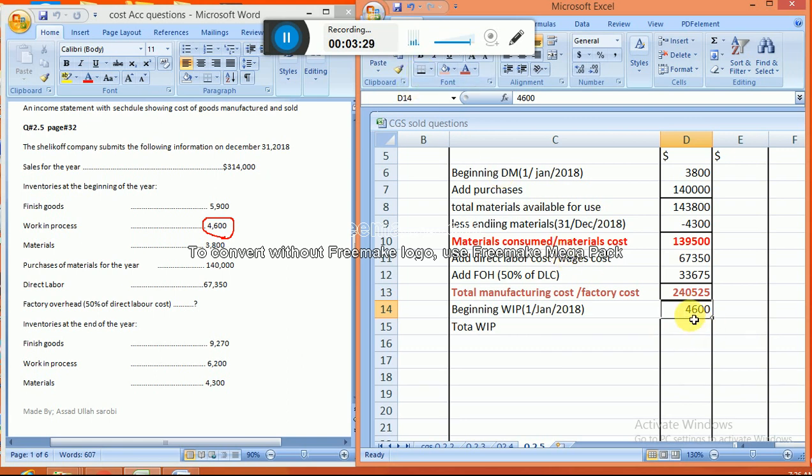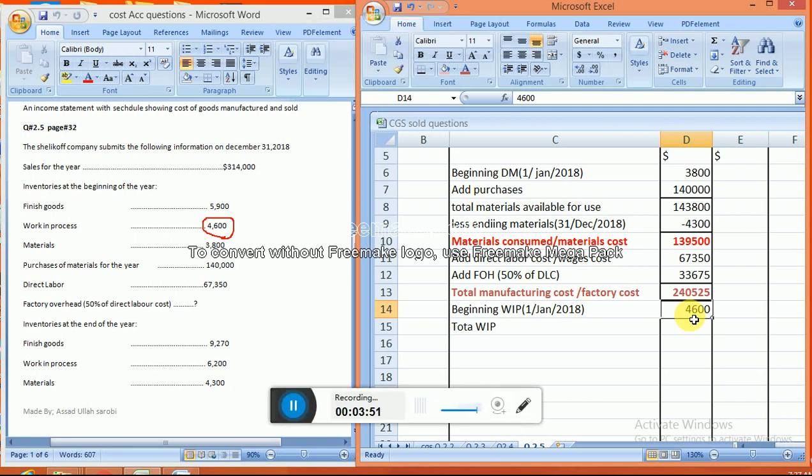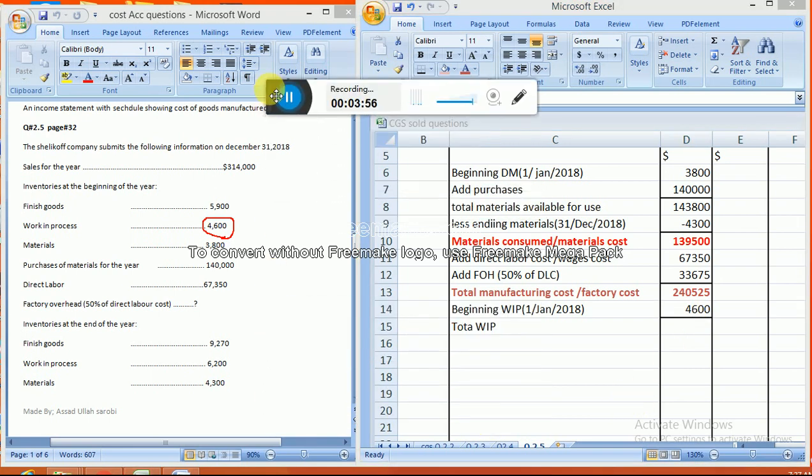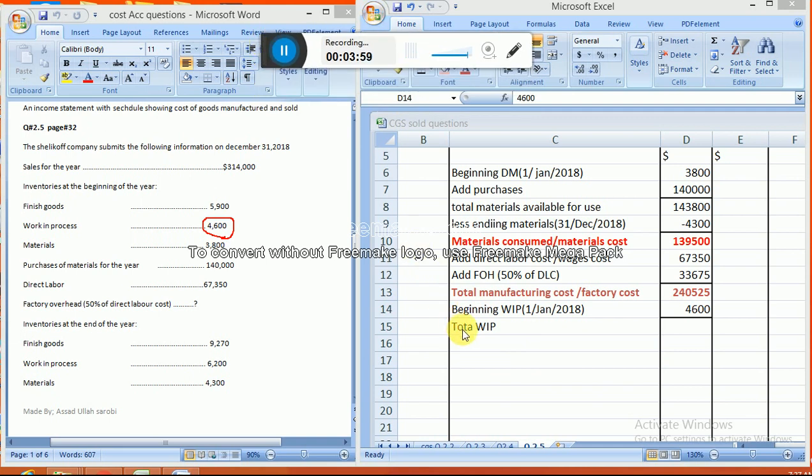The 4,600 work in process remaining from 2017, we transfer it to 1st of January 2018, and in the total year of 2018, the 2,40,525 dollars, we already have as work in process in 2018.